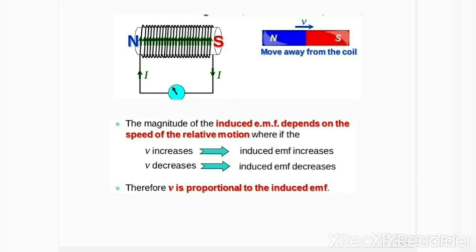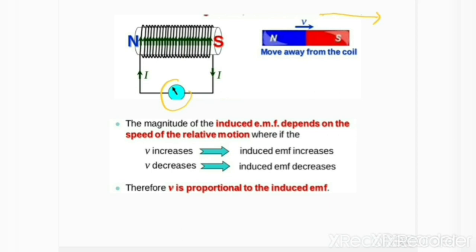When the bar magnet is moved relatively away from the coil, the galvanometer is seen to deflect in the opposite direction. Therefore, when there is any relative motion between the coil and the bar magnet, the current known as induced current will flow momentarily through the galvanometer.